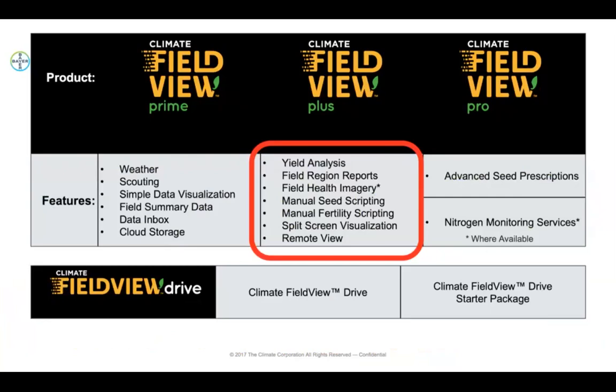And it's listed here in the middle of this screen in the red box, where the features that you're going to get when you upgrade to a Plus subscription, as opposed to our free Climate FieldView Prime subscription, is you'll get access to yield analysis, field region reports, field health imagery, those are satellite images of your field, manual seed and fertility scripting tools, the ability to do split screen visualization, remote view, and one that's not listed on here are some of the new analysis tools that we have added to the Climate FieldView CAB app, so I'll show you those as well.